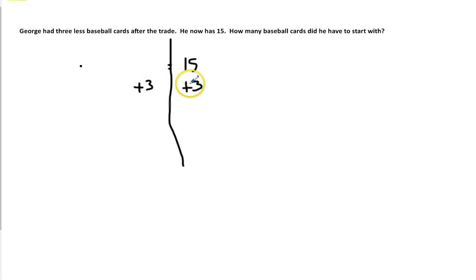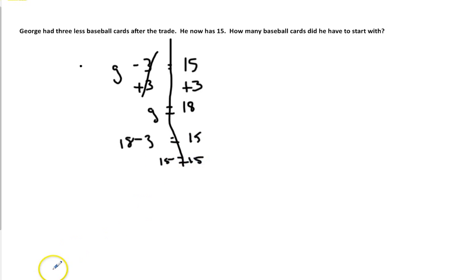In order to add 3 to both sides, it means I had to have a subtraction equation. So G minus 3 has to equal 15. So I go ahead and do my math. That cancels out, which leaves me with G on this side. G equals 18, which means that George started with 18 cards. And we check. 18 minus 3 equals 15. And we do the math. 18, 17, 16, 15. 15 equals 15, and I've proved that my answer is correct.